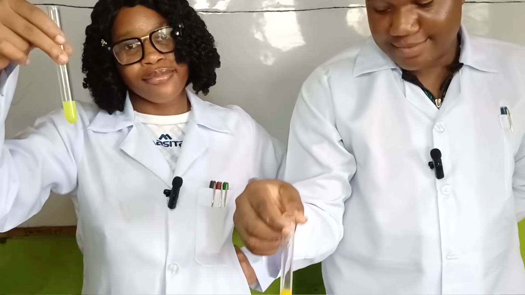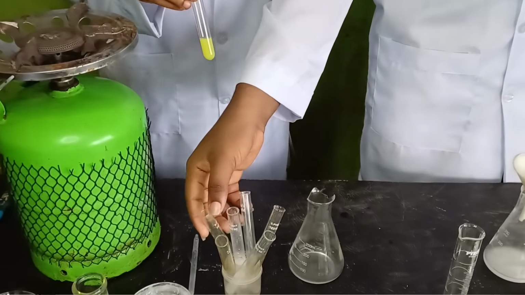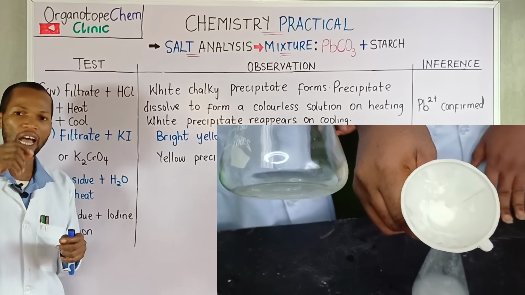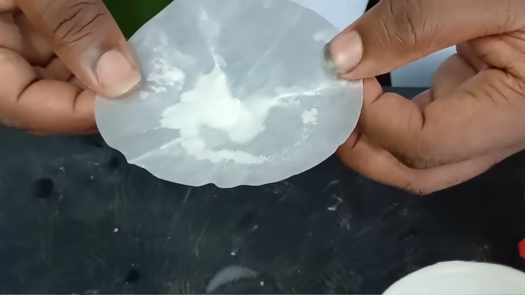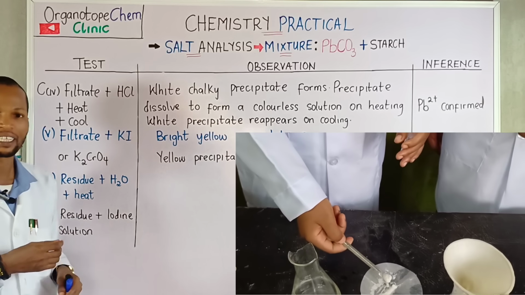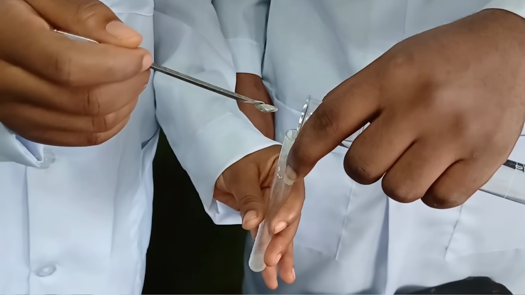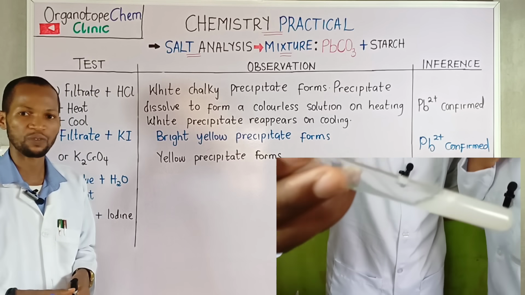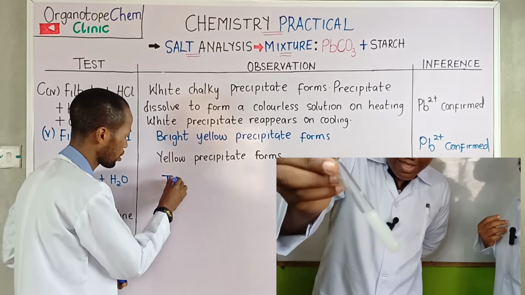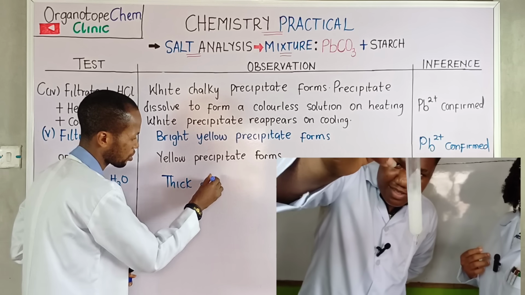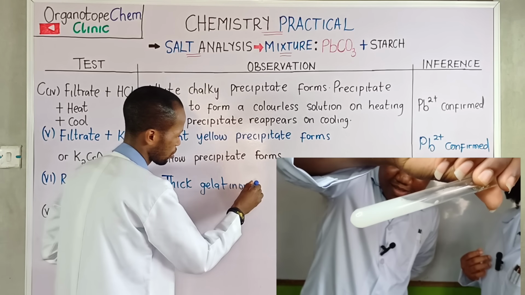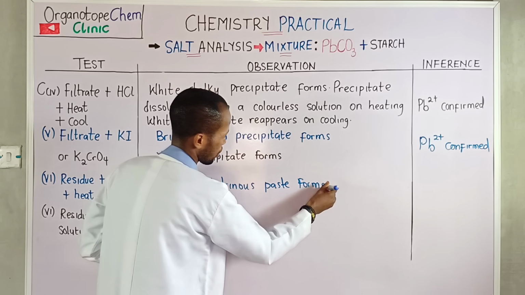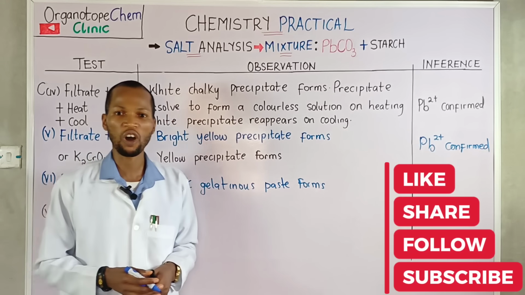Can we conduct the next test? Let's take a small portion of the residue gotten from the filtration. So we take the small portion and it is added into the test tube. Add small quantity of water, then we can heat. On heating for a few seconds, it can be observed that a thick gelatinous paste is formed, and this shows the presence of starch.